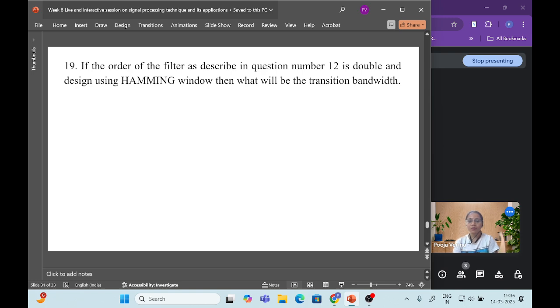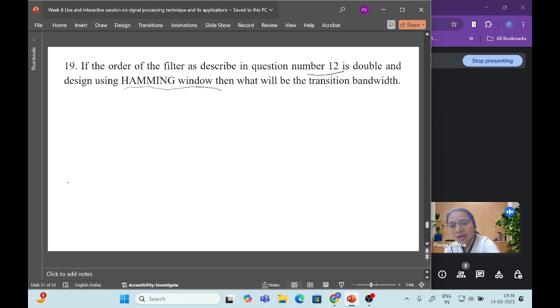Here it is given: if the order of the filter as described in question number 12 is doubled and the design uses a Hamming window, then what will be the transition bandwidth?